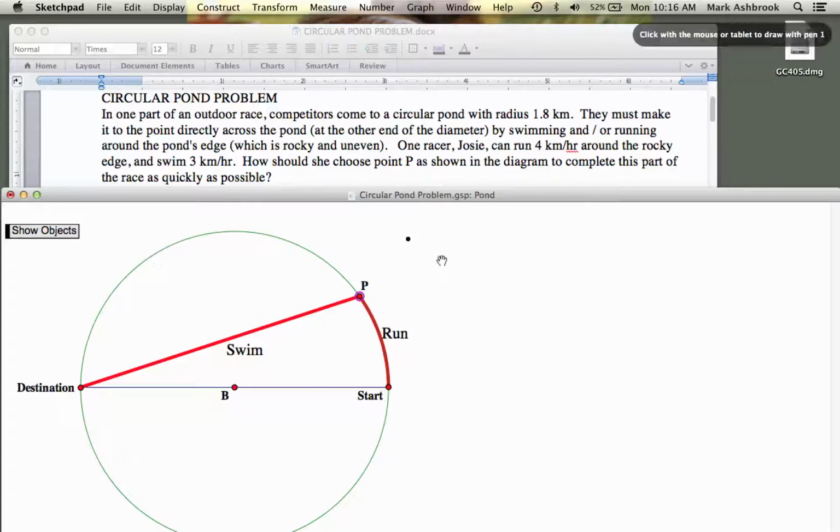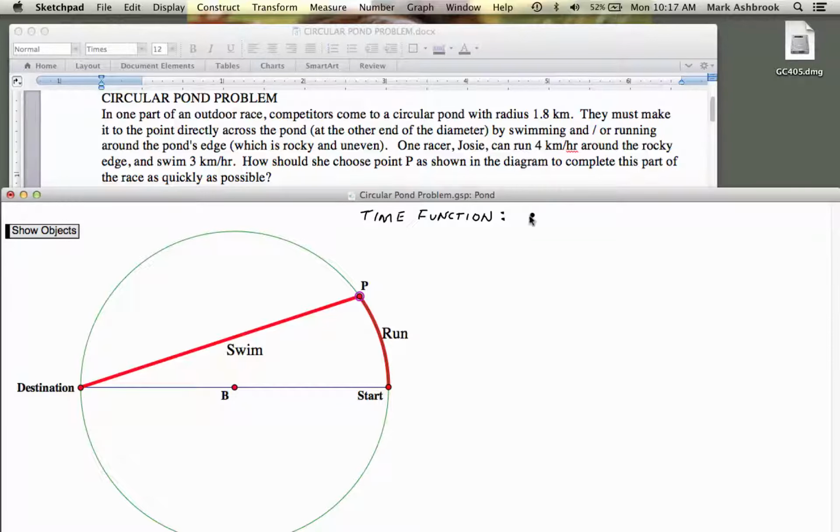So what we're after is a time function, the time that it takes Josie to get from the start to the destination.